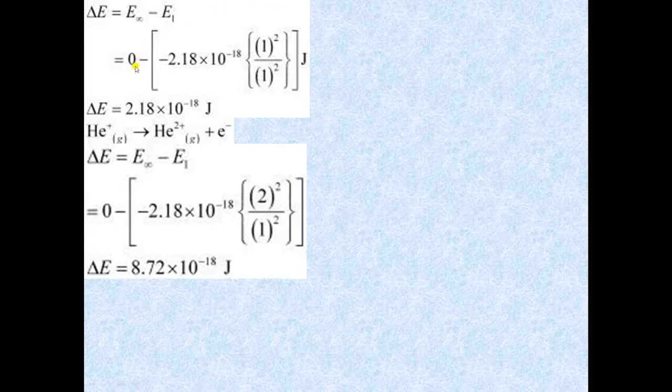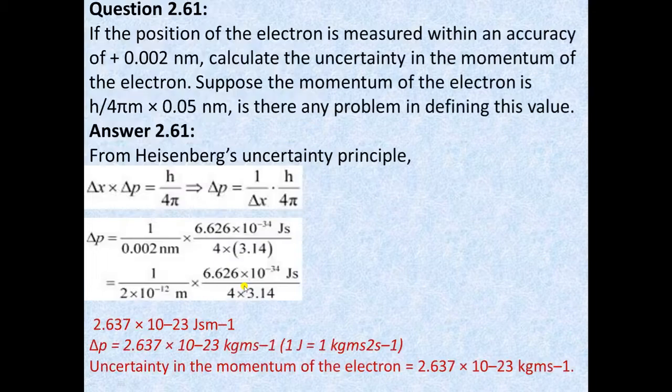So here E infinity is equal to 0 minus, here you will put all the values and delta E comes equal to 2.18 into 10 to the power minus 18. Now this energy difference is for hydrogen atom and this is for helium. Okay, for helium the value of Z will be 2 and you will solve it, and delta E is equal to 8.72 into 10 to the power minus 18 joule.